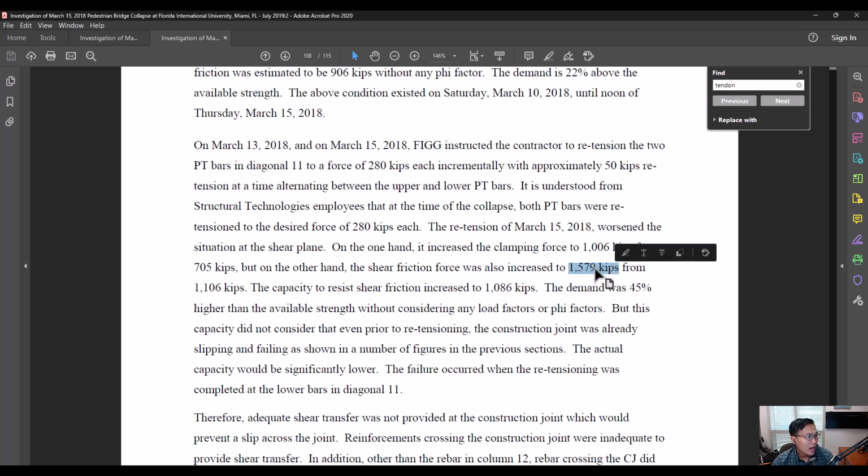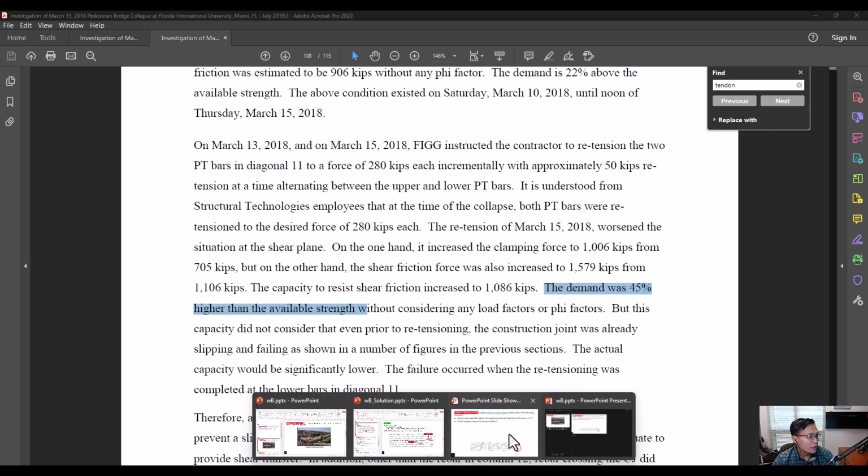So you can see that the demand was 45% higher than available capacity, which means that this one is under designed by 45%. That's why the bridge collapsed.